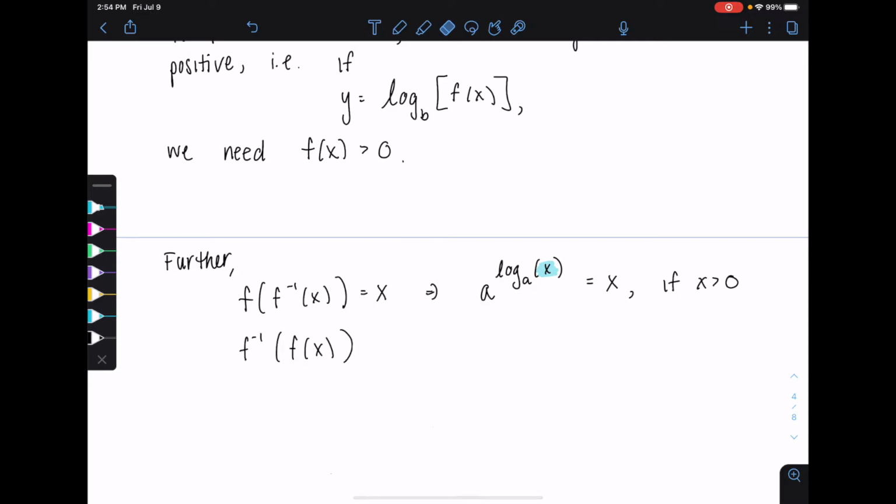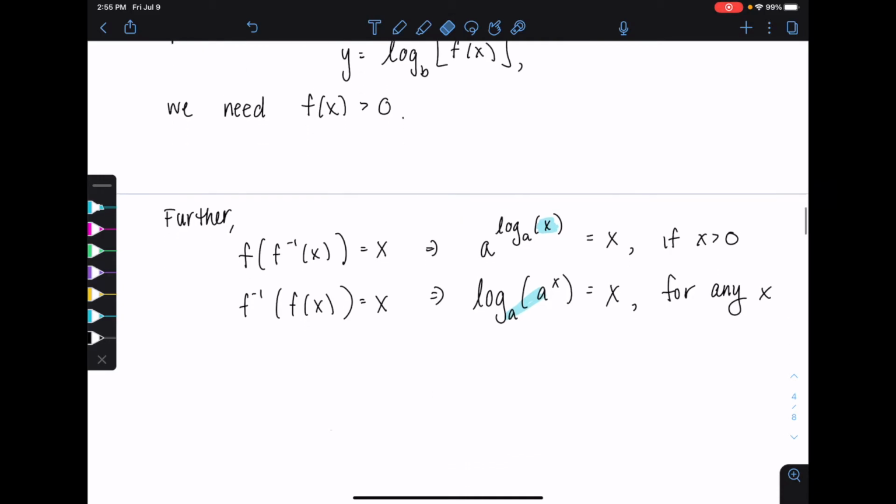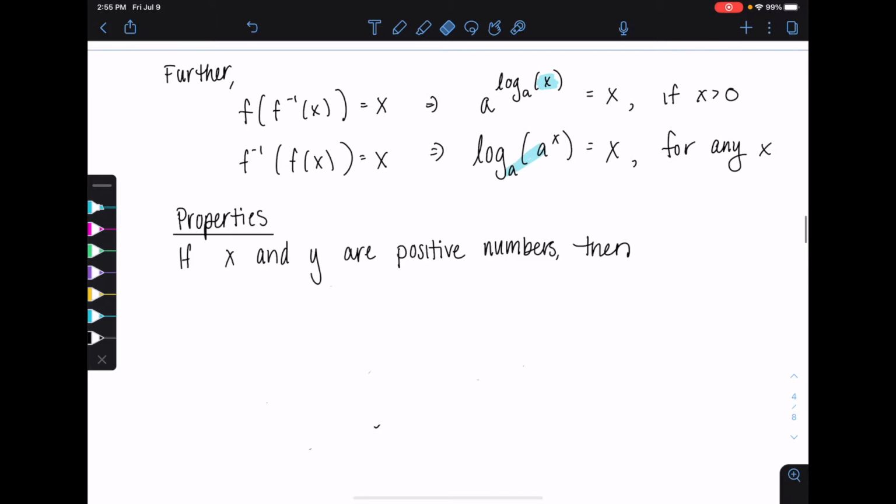If you do the reverse, and if I take the inverse, evaluated the function, those cancel out. So if we evaluate the logarithm at the exponential, these are inverses of each other. So again, those cancel out and you get x. But now you have no problems because you could input whatever you want into that exponential. Then also, using our properties of exponential functions, we get properties of logarithmic functions.